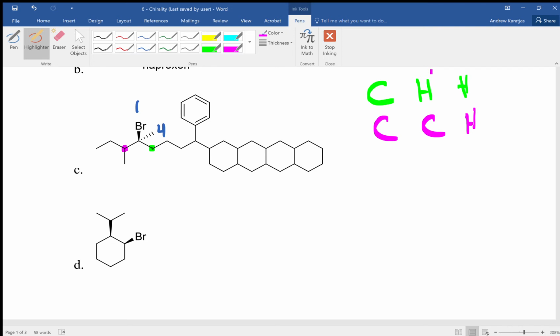So we have a point of difference. And so even though this one to the left that I've highlighted in purple has many less groups attached to it, many less carbons attached to it, because at the first point of difference it has more carbons, it's higher priority.